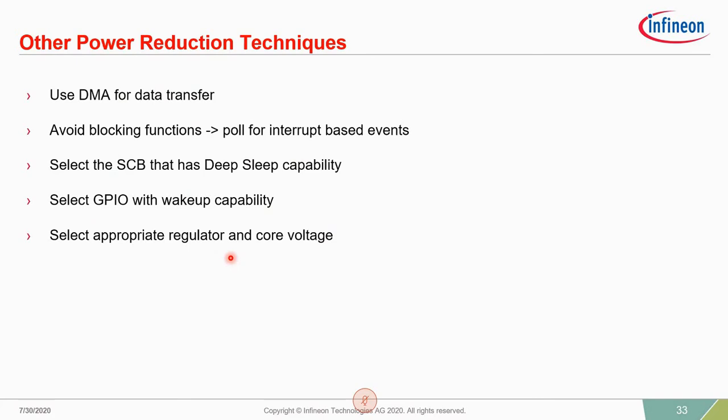PSOC 6 basically has two main regulators, the LDO, which is also called the linear core regulator, and the buck regulator, also called the switching core regulator. The LDO can operate in high and low current modes. The buck regulator provides better power efficiency, but it has less load current capability, and that is something we need to consider.